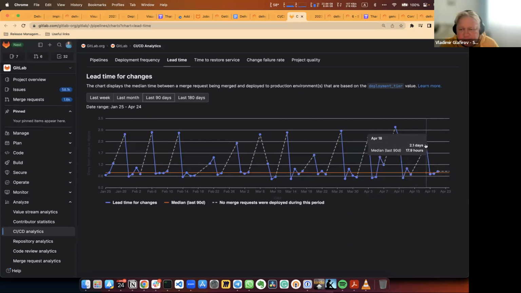Our deployment lead time is about 18 hours. On the spike, this was on Monday, I guess, and afterwards it was less than that.